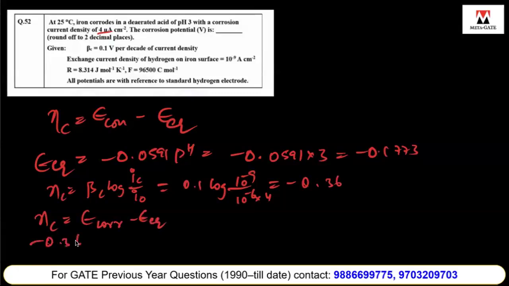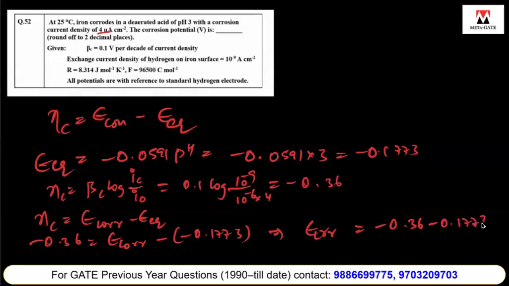So minus 0.36 equal to E corrosion we have to calculate minus of minus 0.1773, which is equal to E corrosion. Minus 0.36 minus 0.1773 is equal to minus 0.5373.